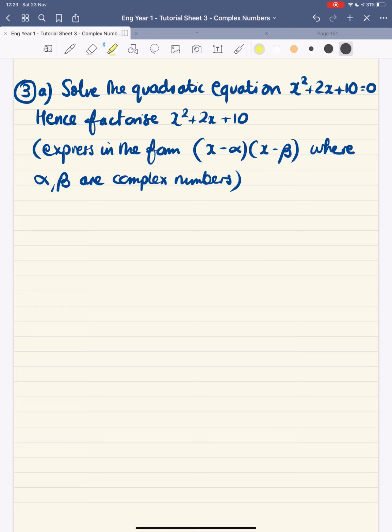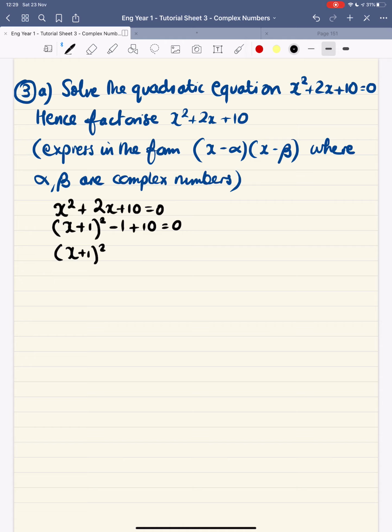Right, 3a. Solve the quadratic equation x squared plus 2x plus 10 equals 0. Hence factorise. Right, so I'll do this with completing the square. So x squared plus 2x plus 10 is 0. So this is x plus 1 squared minus 1 plus 10 is 0. So we've got x plus 1 squared plus 9 is 0.